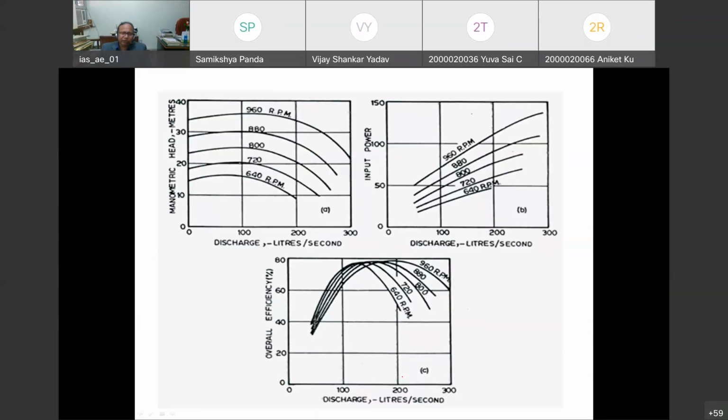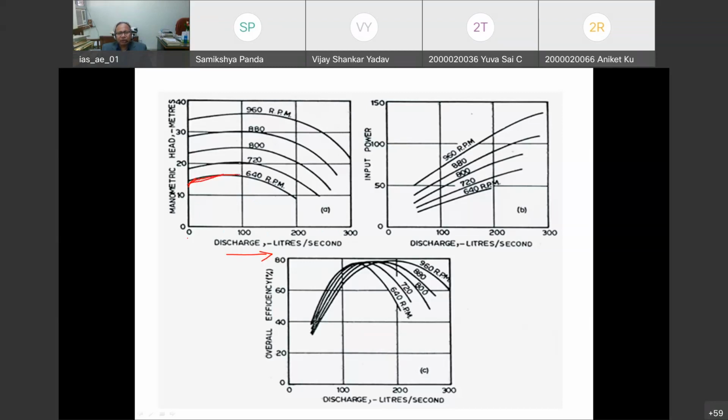You can see from this graph, try to understand, the discharge is in this direction, so the quantity of discharge is increasing. Try to understand for a particular RPM. You get the discharge at a particular head; at the starting position, as discharge increases, head will also increase.